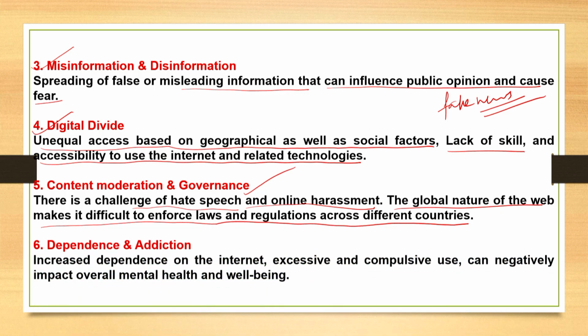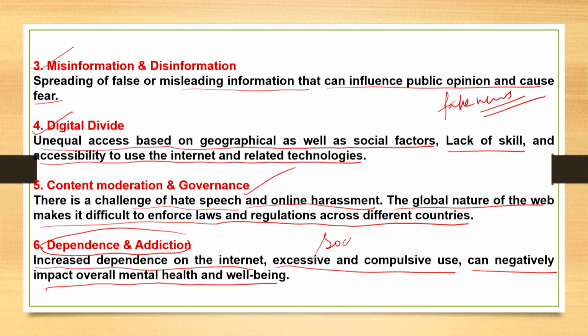Dependence and addiction. The biggest challenge is the dependence and addiction, that is the excessive use of the internet that impacts our social life or well-being. You can say it is going to affect our health also.